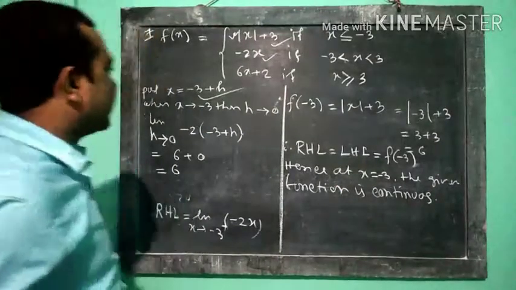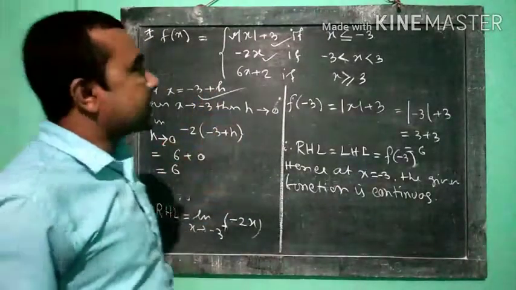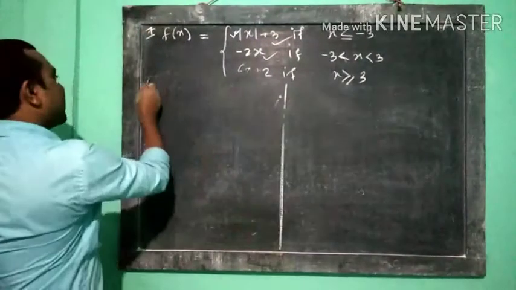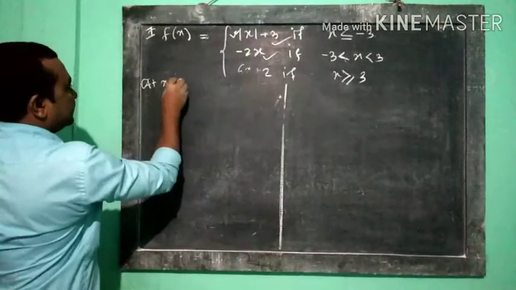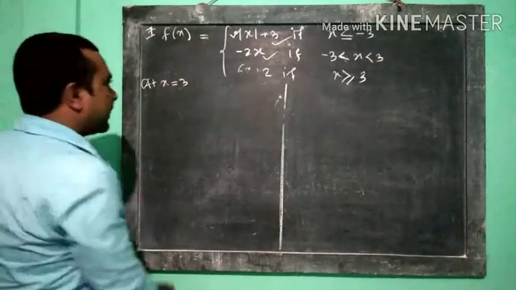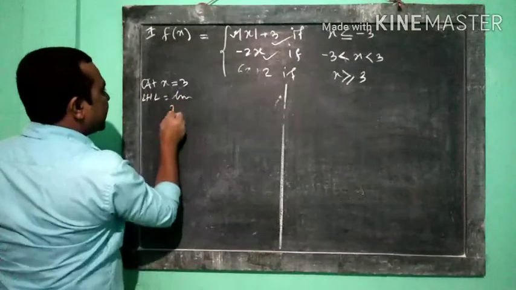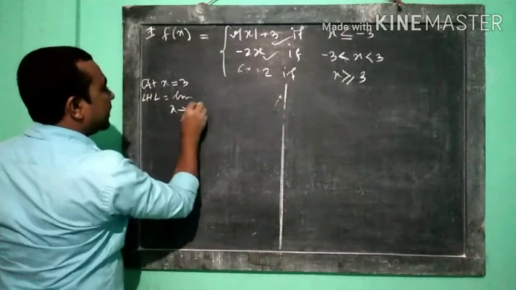Now we are to check at the point of x equal to 3. At x equal to 3, the left hand limit equals limit x tends to 3 negative.